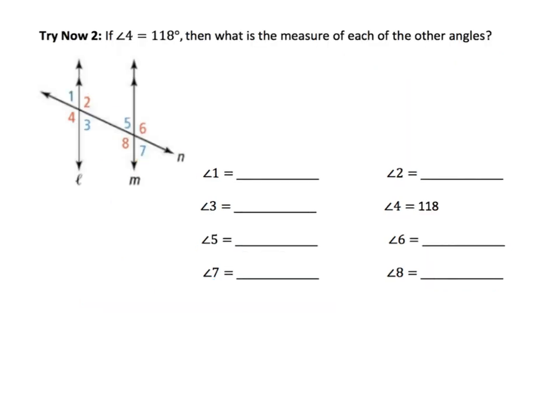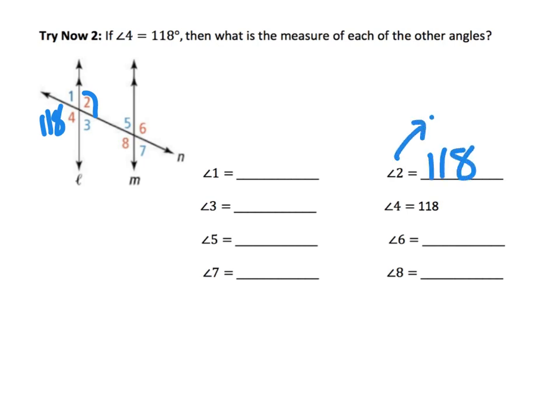Now if we look at try now number 2, it says angle 4 equals 118. So I know this angle here is 118. We need to figure out what the measure of each of the rest of the angles are. Well, I know angle 4 and angle 2 are going to be congruent because they're vertical angles. So this one's going to be 118.